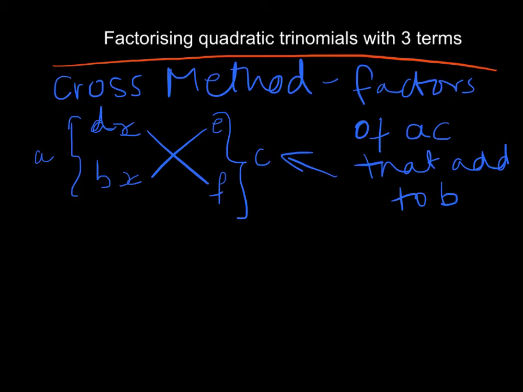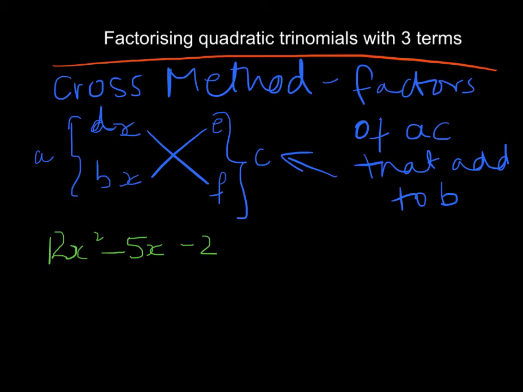So if I multiply these through, I should get my middle term when I add them, combine them together. And it will also tell me what goes in each bracket. So whatever's in this will give me my first bracket, and whatever's in this will give me my second bracket. Okay, so this example is clearly not a monic because I have a multiple in front of my x squared. But I'd still use the same method.